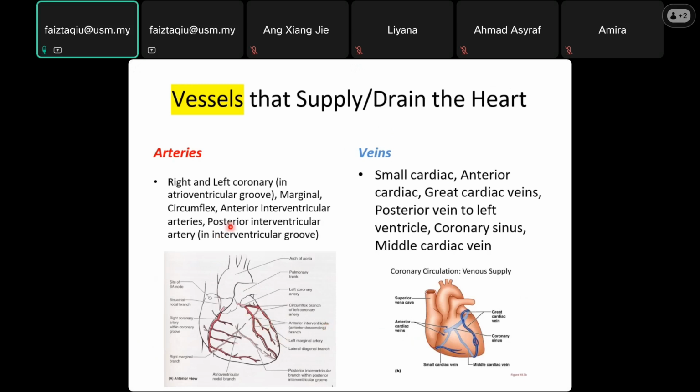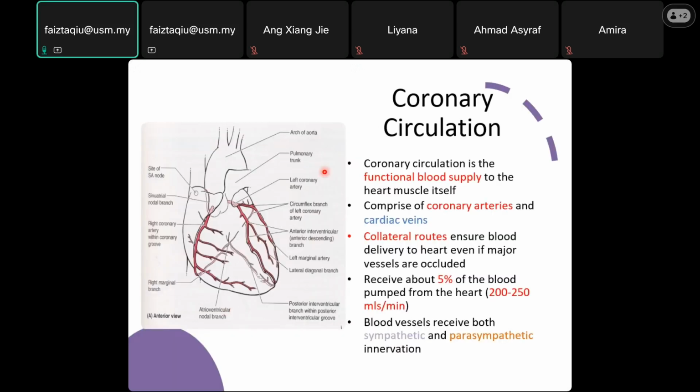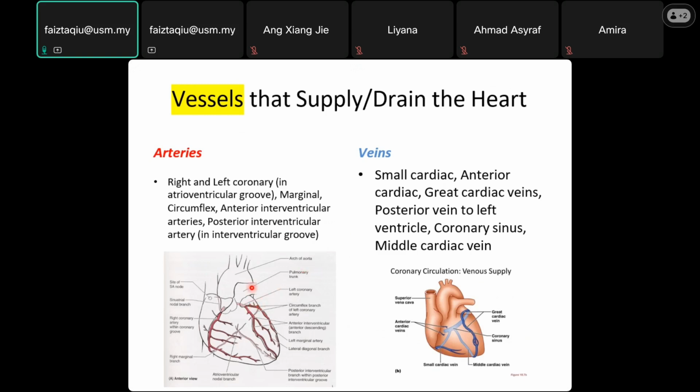For arteries, there are the right and left coronary arteries, which arise from the aortic root. In the atrioventricular groove there are the marginal and circumflex arteries, and then the anterior interventricular and posterior interventricular arteries in the interventricular groove.